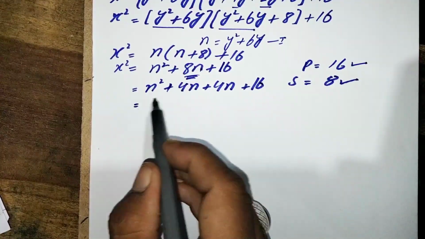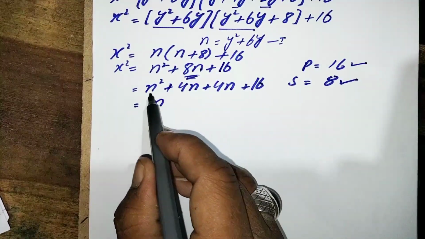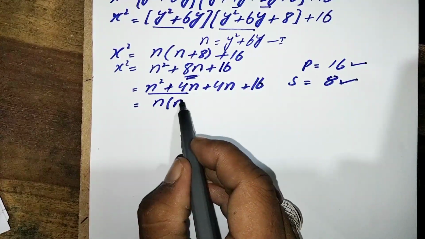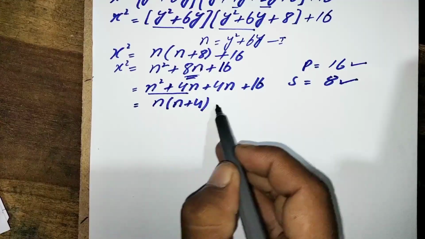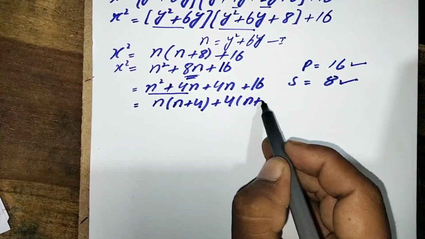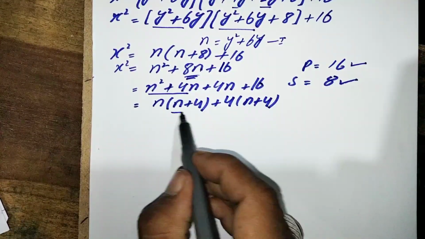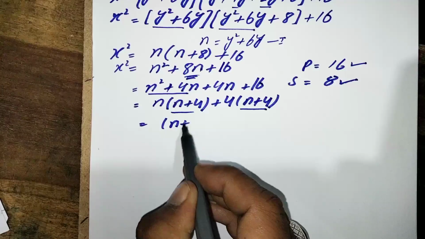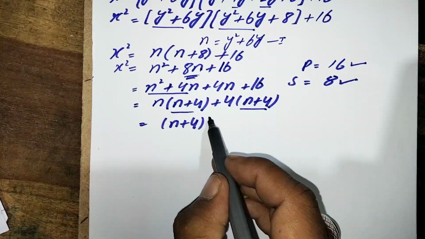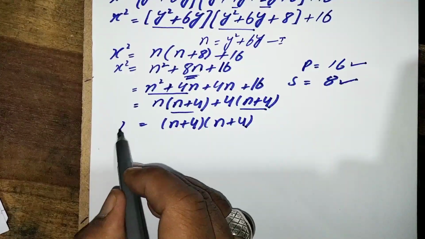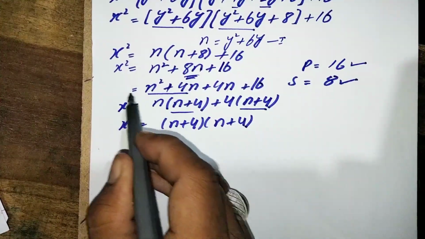So from here we take n as common. This becomes n plus 4, and also from here we take 4 common, and it becomes n plus 4. The factor n plus 4 is equal, so we take this as common, and it becomes n plus 4, which is equal to x square.